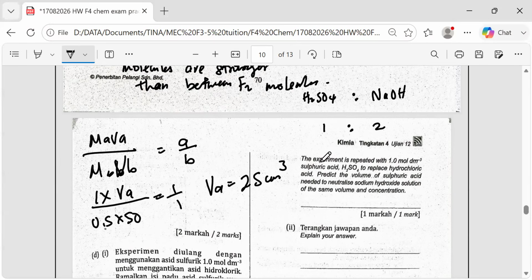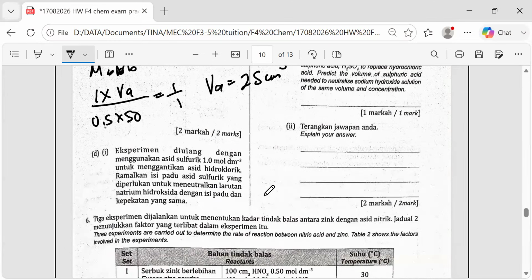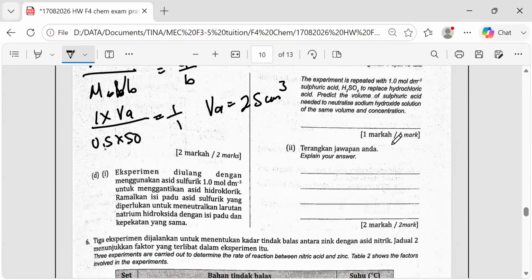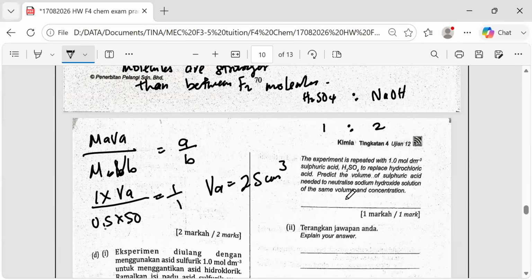So how much sodium hydroxide will I use? Double or more? 50. Okay. You read carefully. Experiment is repeated with 1.0 sulfuric acid to replace hydrochloric acid. Predict the volume. So you will need only half, because it is diprotic.